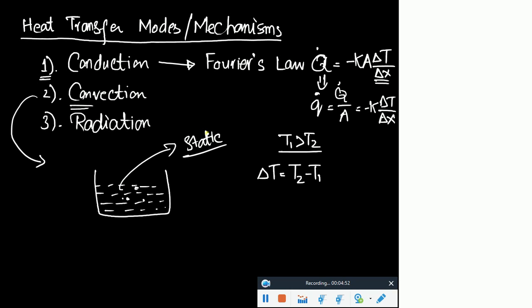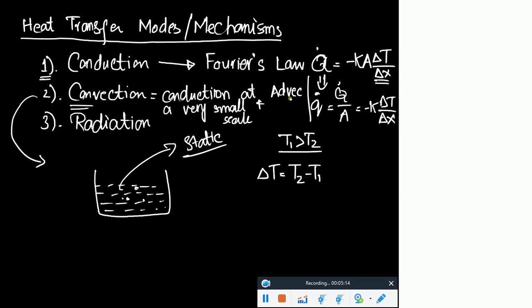So convection is a combination of conduction at a very small scale, maybe the molecular scale, plus the heat transfer due to the motion of the fluid, which is known as advection. That is heat transfer on a larger scale, where a bulk of fluid is moving in some direction.